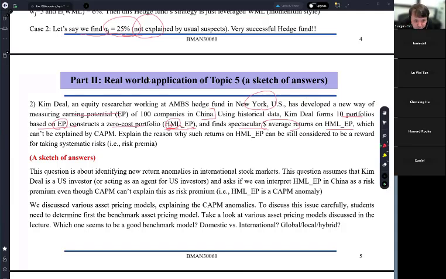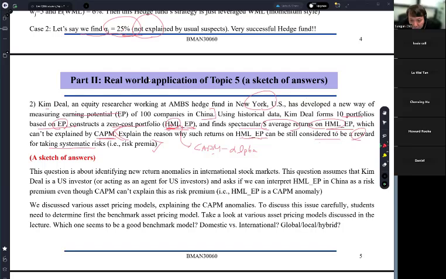And Kim Deal used CAPM, but Kim Deal couldn't justify the excess return from investing into this portfolio, which means this is CAPM alpha. Explain the reason why such returns on HML EP, high minus low based on earning potential, can still be considered a reward for taking systematic risk. This question wants you to think about what is a good benchmark.